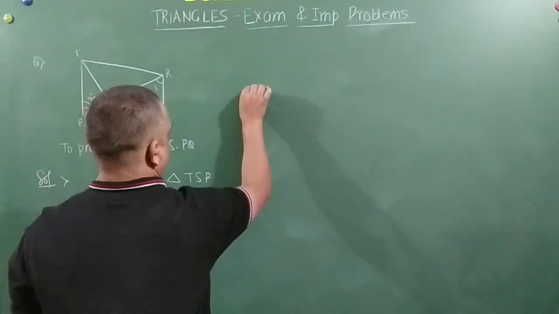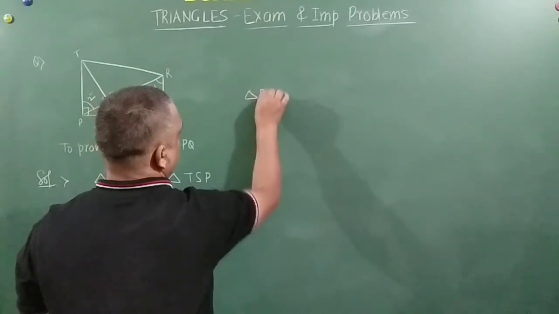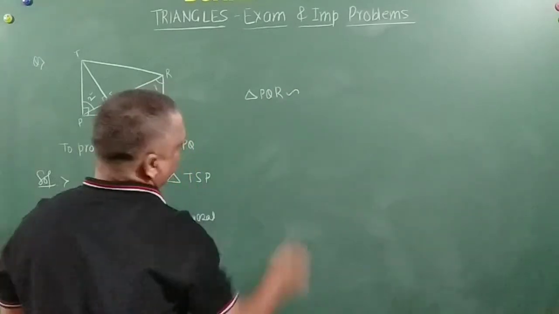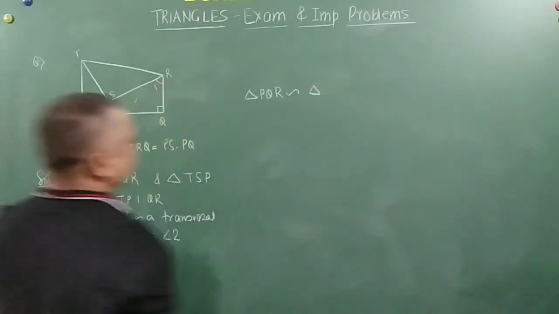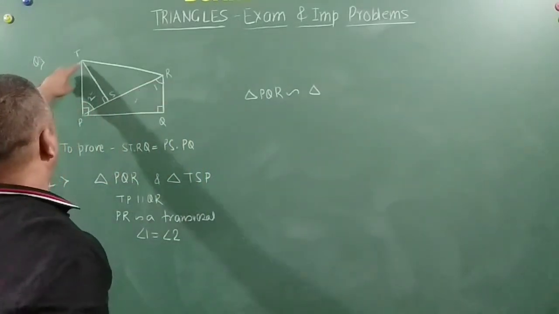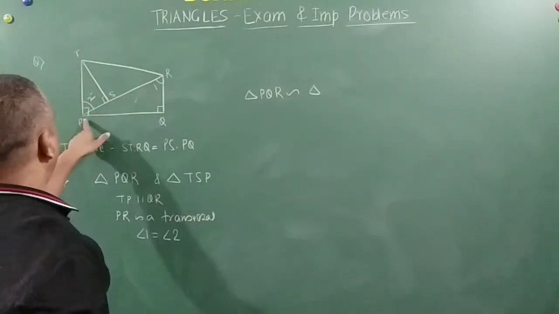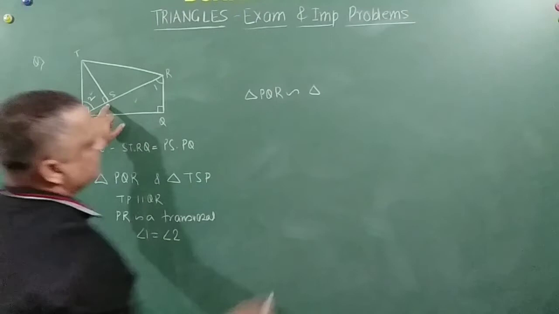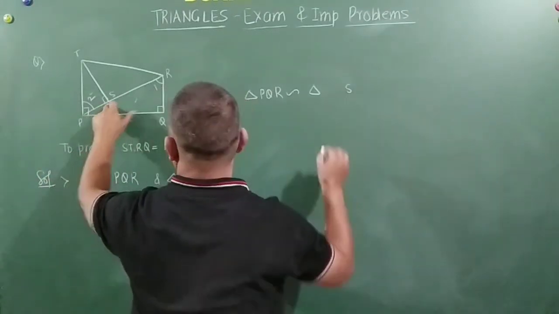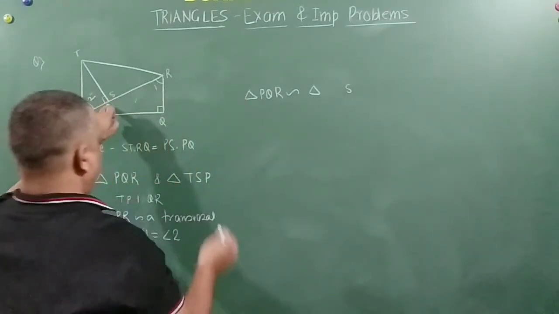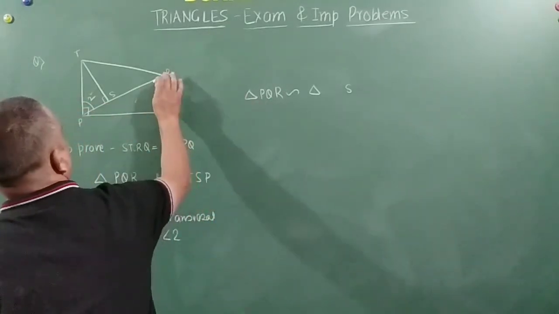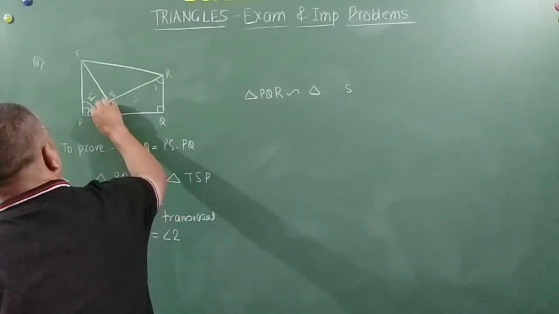So we'll write it here. Triangle PQR is similar to triangle... now be careful. I am talking about PQR. So first I will write S in the center here because Q and S are the same. And angle P, when I am talking about PQR, I am talking about this angle.